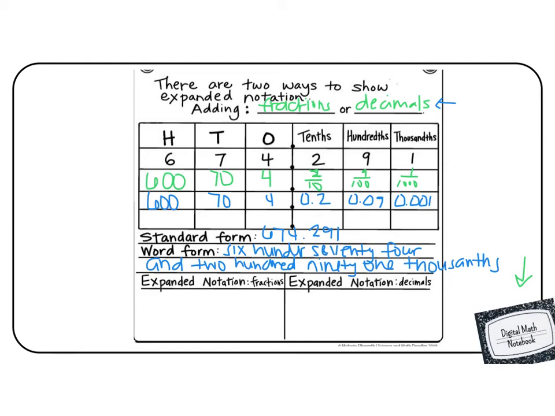In expanded notation with fractions, we would use this example here. And in expanded notation with decimals, we would use this example here. Go ahead and pause if you need to type these numbers into your digital math notebook.